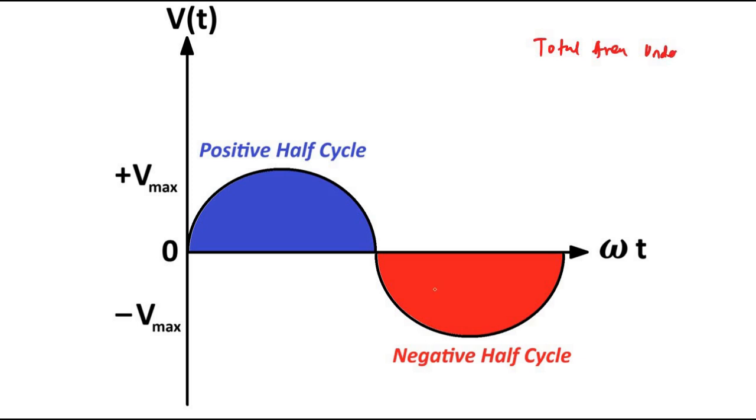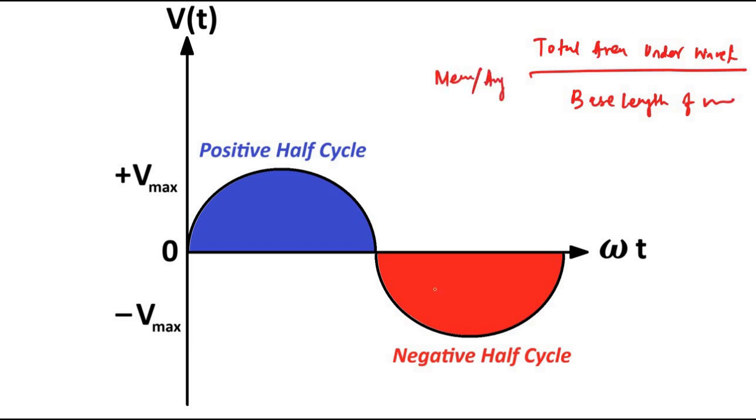This gives us the mean or average value. But the problem is the positive and negative half cycles are equal in magnitude and opposite in direction. So the positive half cycle is assigned a positive area, and the negative half cycle is assigned a negative area. Both areas cancel out each other, and the average value becomes 0. But the average value is not 0.